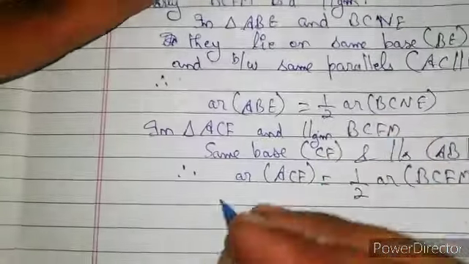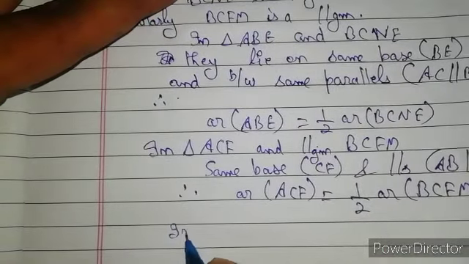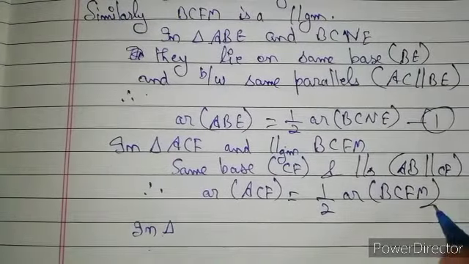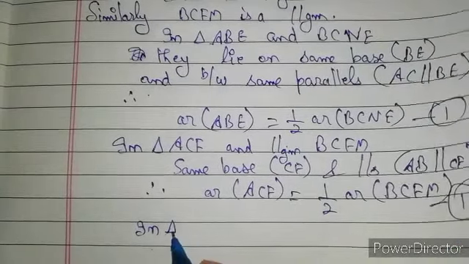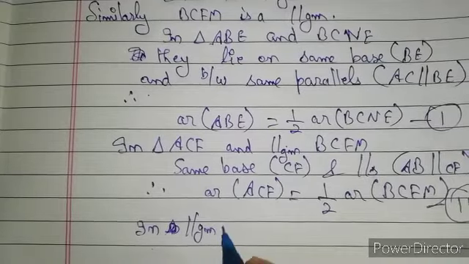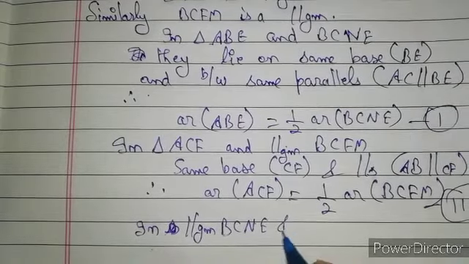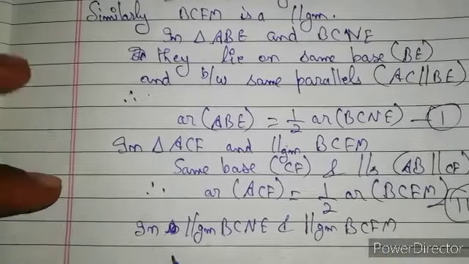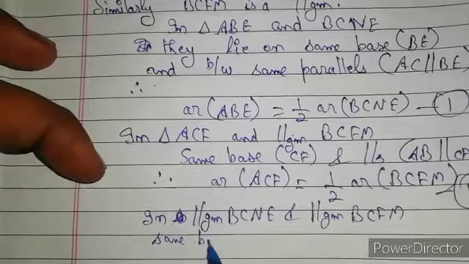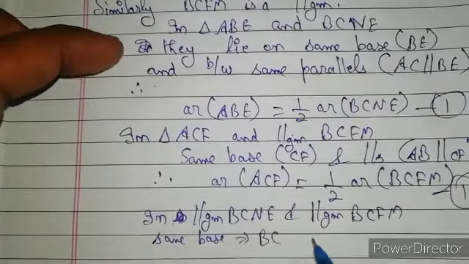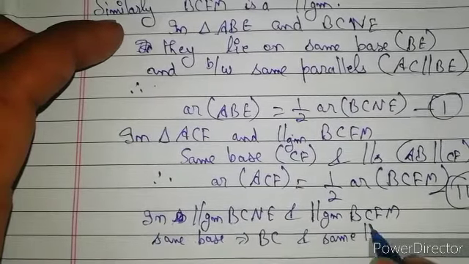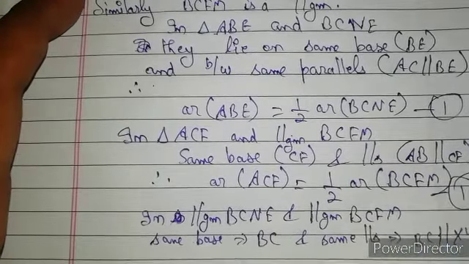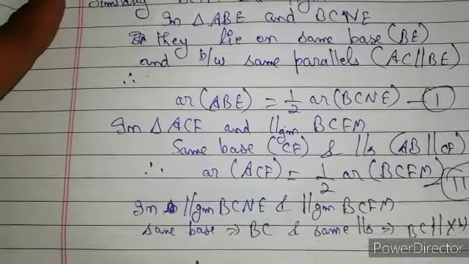So here we will write a statement. Name this equation as first, this is second. And in parallelogram BCNE and parallelogram BCFM, they lie on the same base. So what is the same base? That is BC, and same parallels. The same parallels are BC parallel to XY. So their areas will be equal.